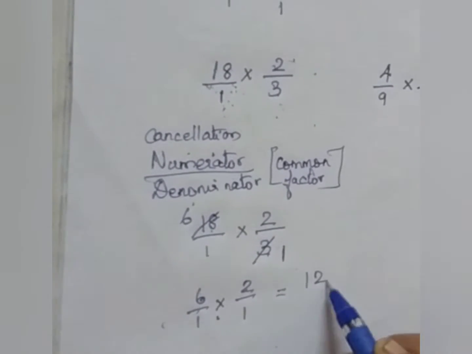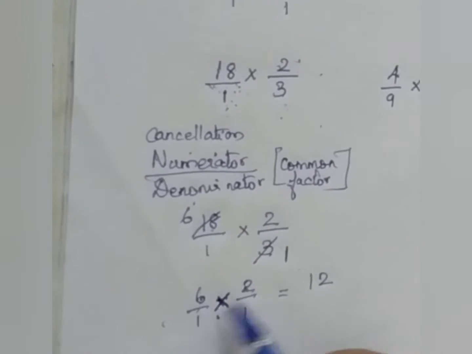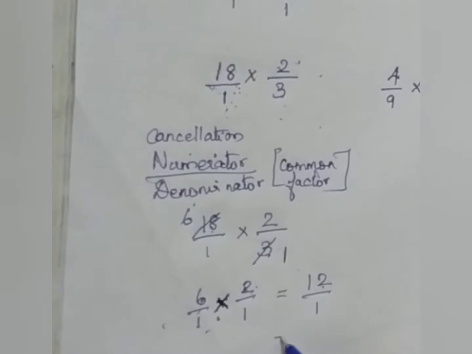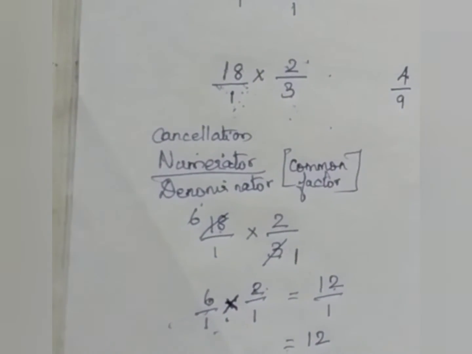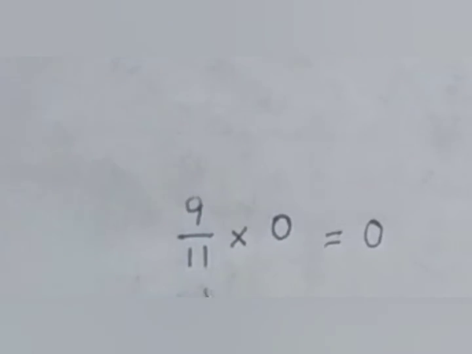Now it is easy to multiply. 6 into 2 is 12, as the multiplication shows. The fraction became 12 by 1. That is, 1 into 1 is 1 and the answer is 12, as 12 by 1 is equal to 12.